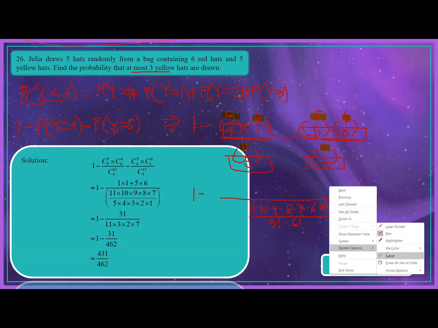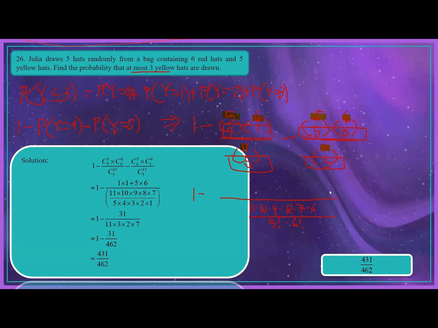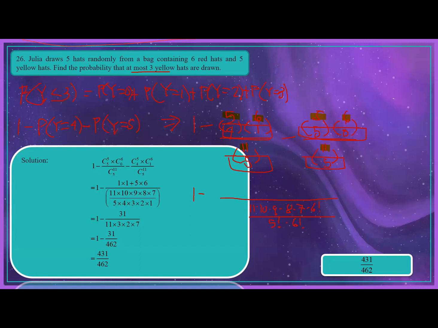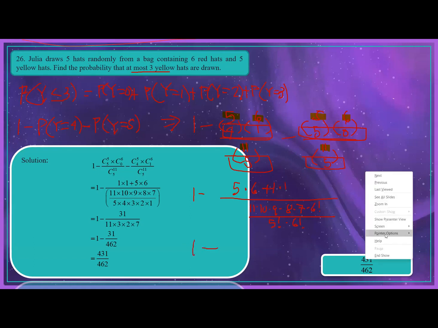For the numerator, you have 5 choose 4, that's 5, and for 6 choose 1, that's 6. Next is 5 choose 5, that's 1, and 6 choose 0, that's 1 also.